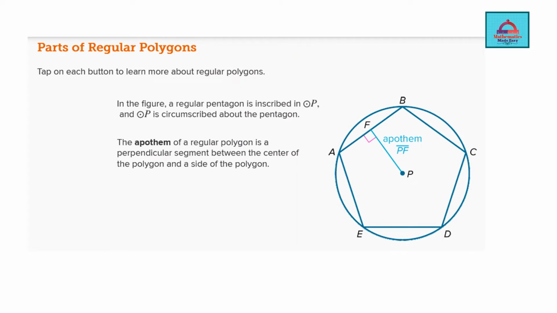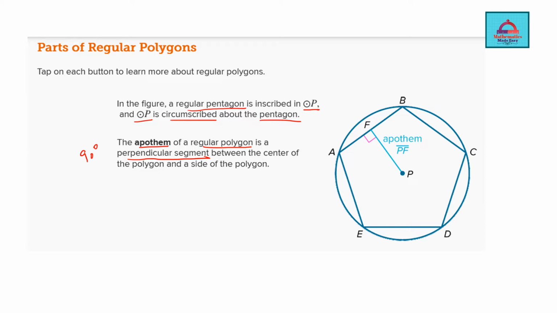The next part is the apothem. What is this apothem? Let's understand. In the figure of the regular pentagon with center P, the apothem, for a regular polygon, is a perpendicular segment, 90 degrees, going from the center to the center of a side. Take any side, for example AB, since all sides are equal.